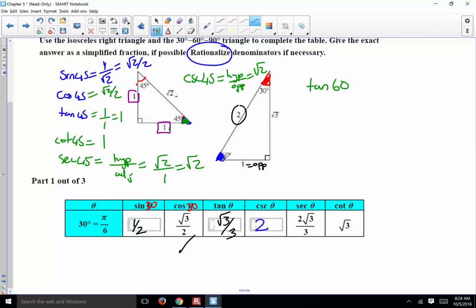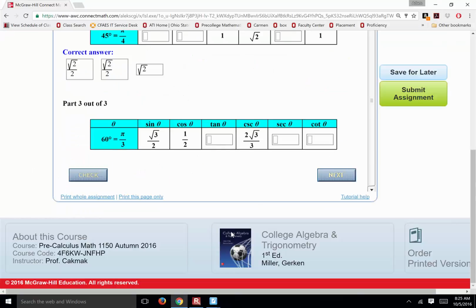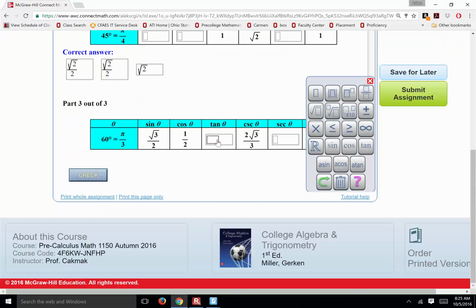So for 60, you're considering the blue angle. Tangent is opposite over hypotenuse. No, adjacent. Opposite is root 3. Adjacent is 1, so it's root 3. What else is needed? This is root 3. Typing, let me do it.